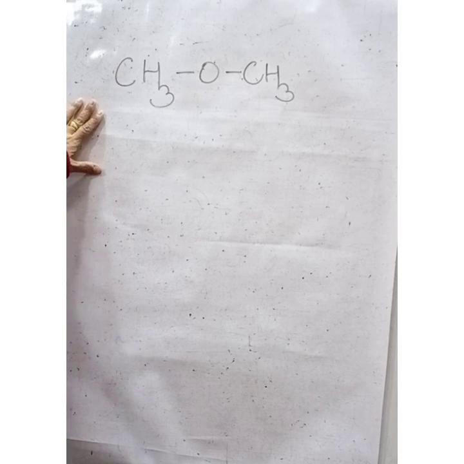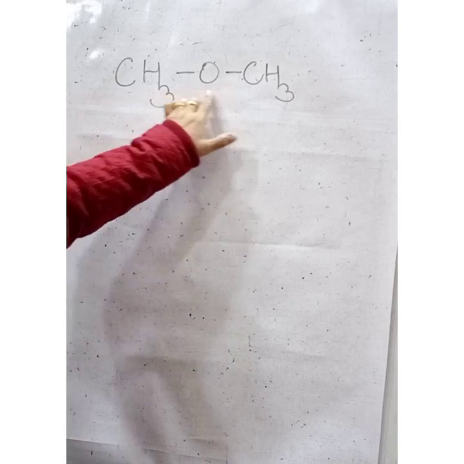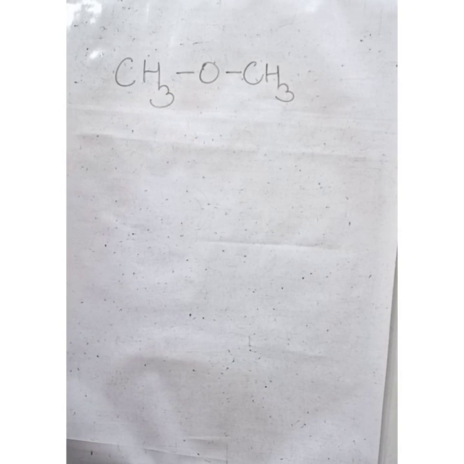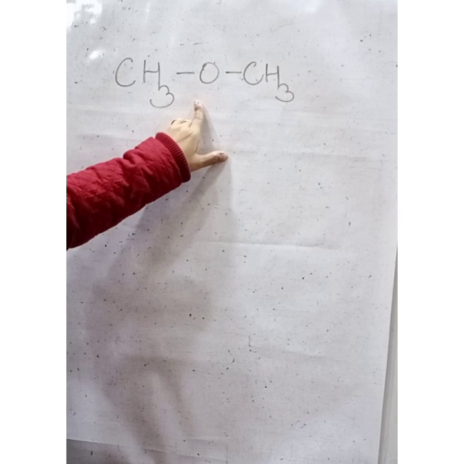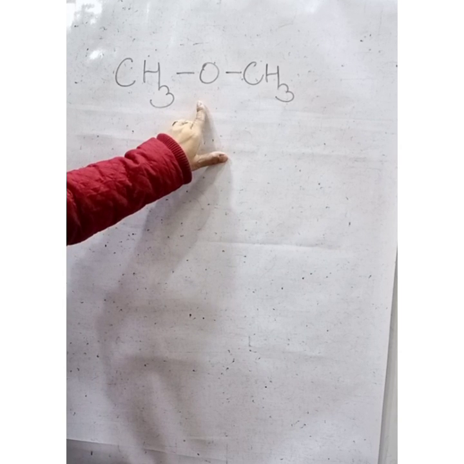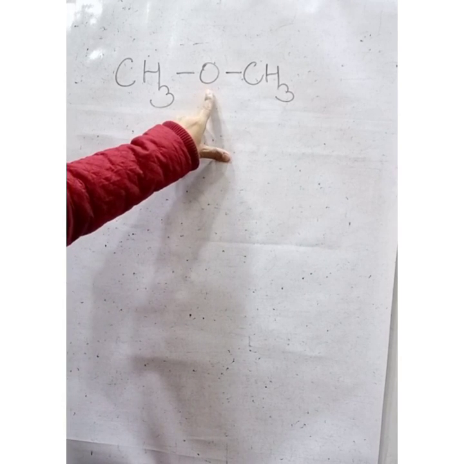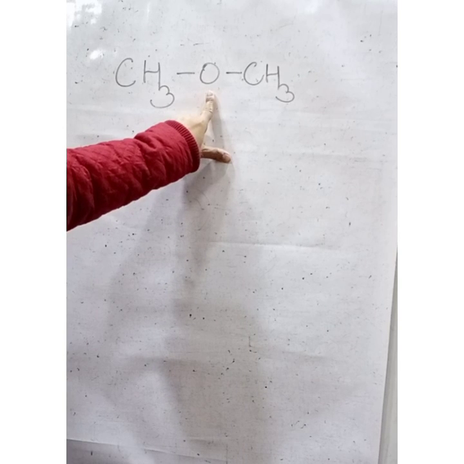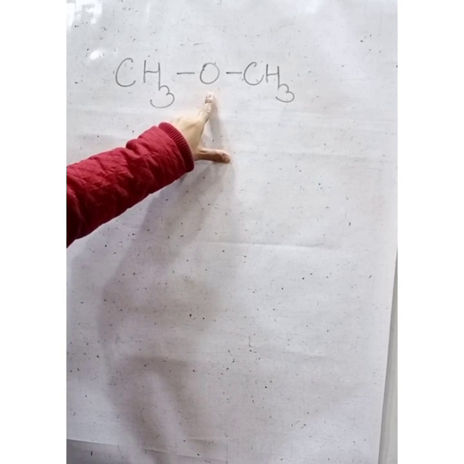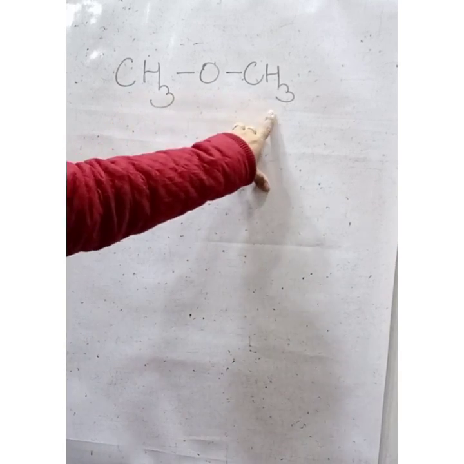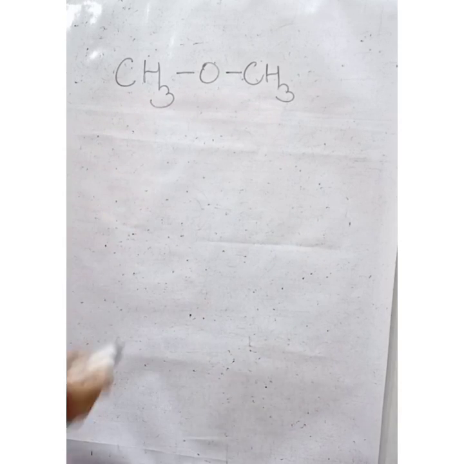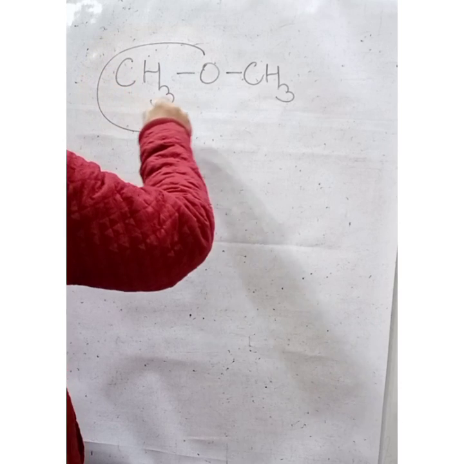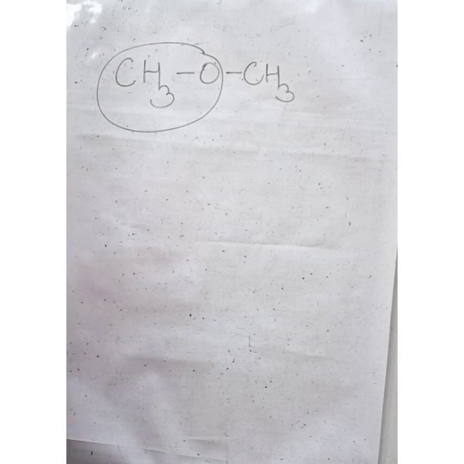Consider this organic compound. Identify the functional group present here. Ether functional group is present. Now naming of ether is done in a different way. First of all, circle the carbon chain attached to the ether. On both sides you can see that the same number of carbon atoms are present, so on any side we can circle the carbon chain attached with the functional group.